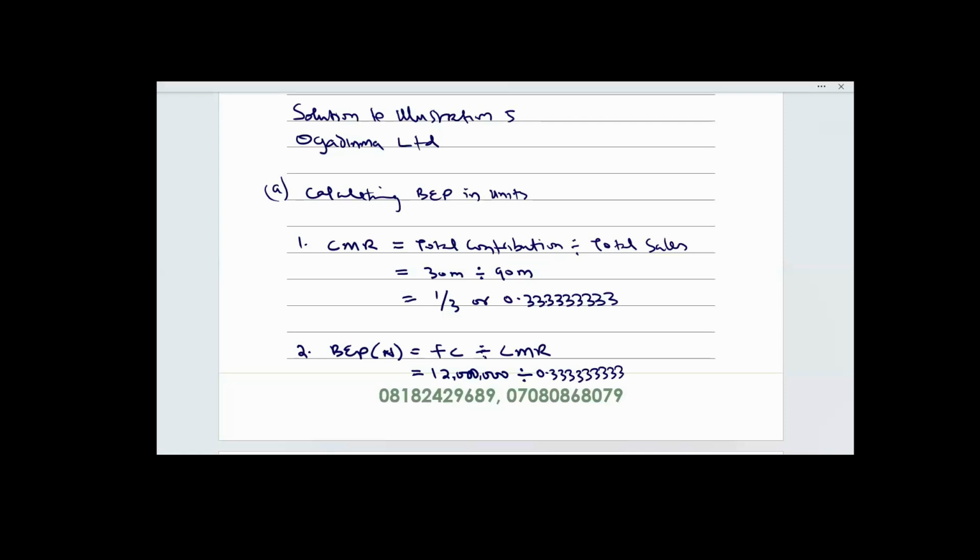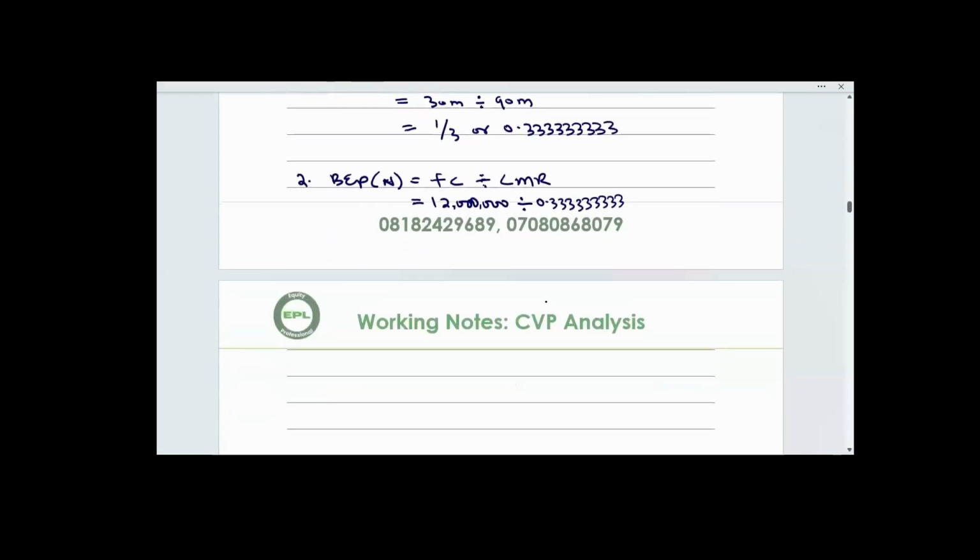So of course, your answer should be 36 million naira. So that represents the break-even point in naira.